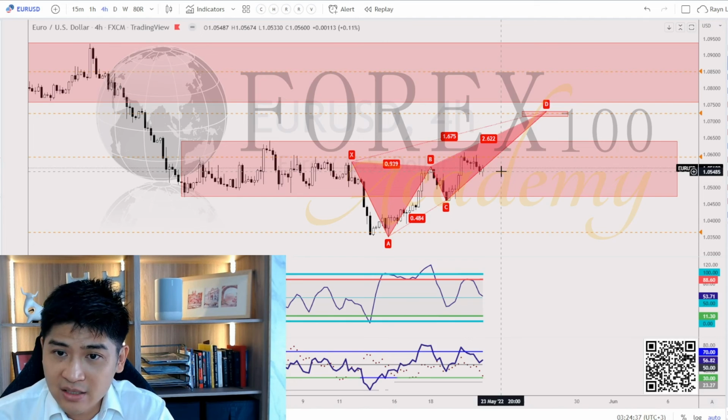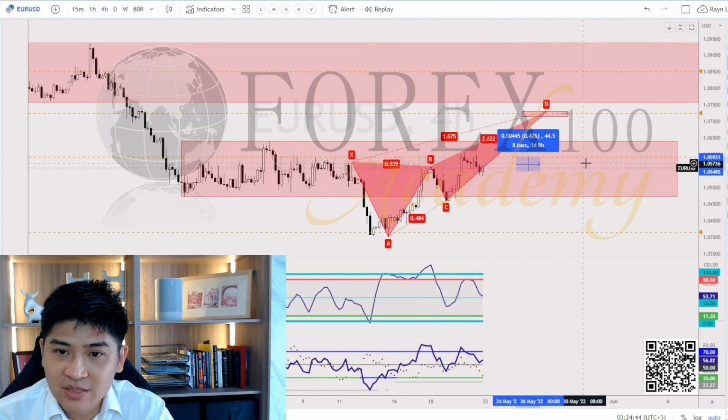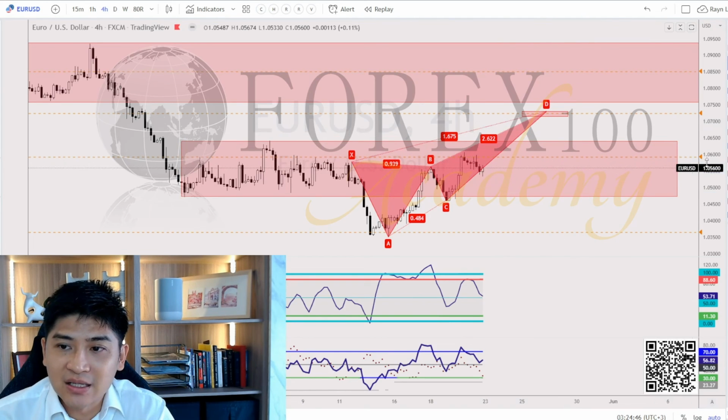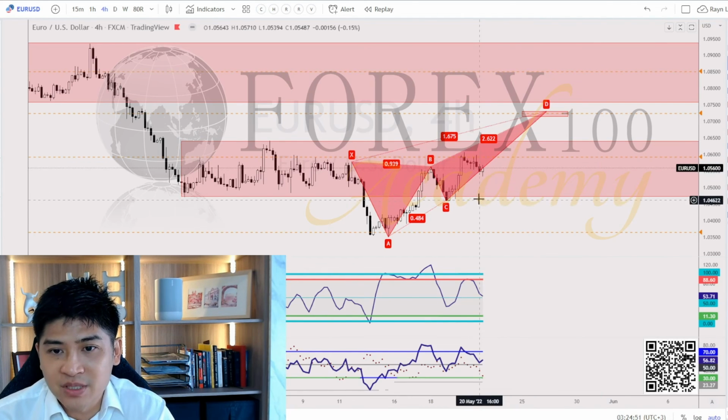So this could give me enough profits of 44 pips to place my stops at entry, and that is when things can get interesting. I can choose to stretch my second target and monitor closely on this level.